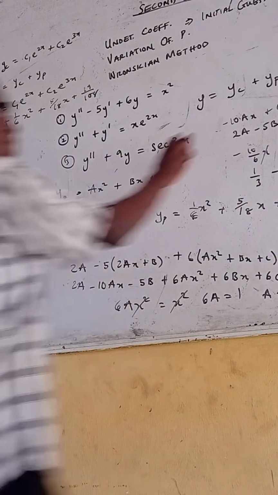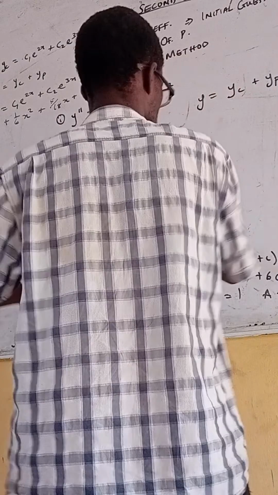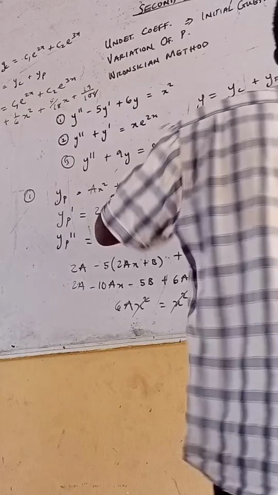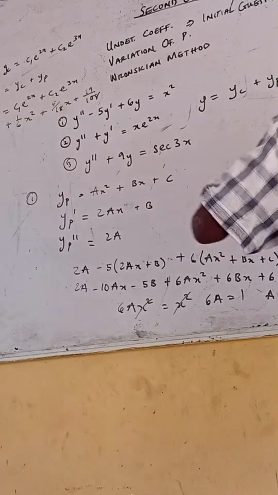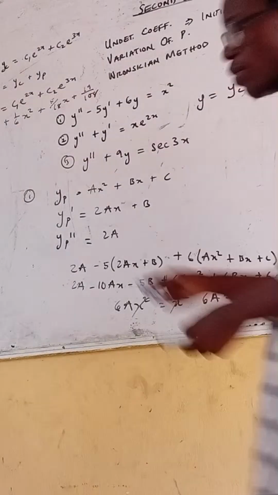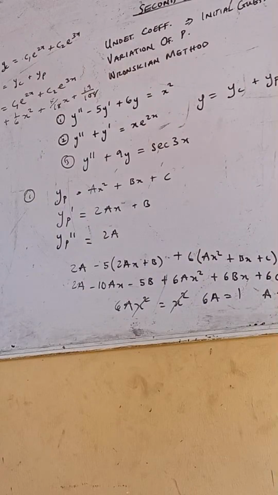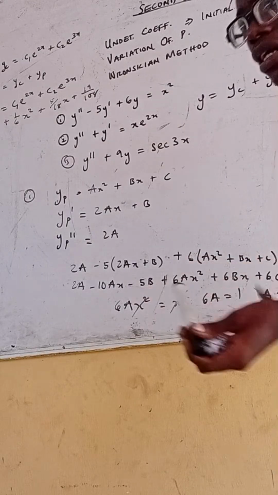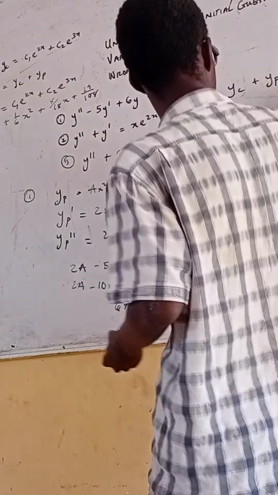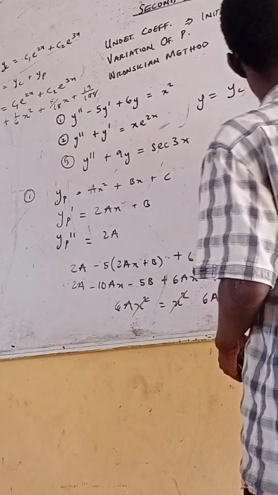So this is what I basically did. Always do something like this. First, after opening everything, write out the ones that correlate with the x squared. This is the highest part that is there. So write it out as 6a x squared must be equal to x squared.